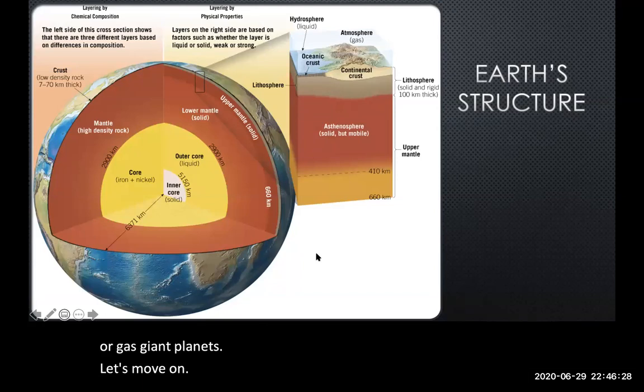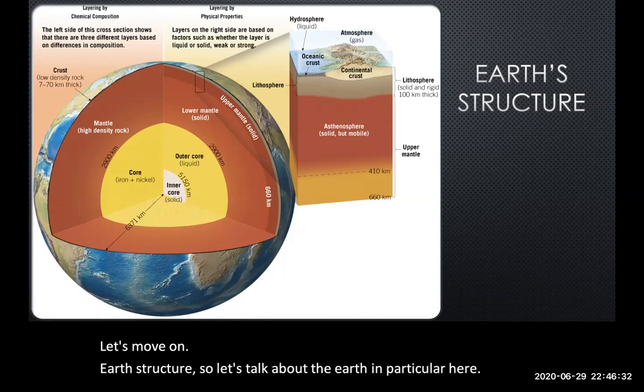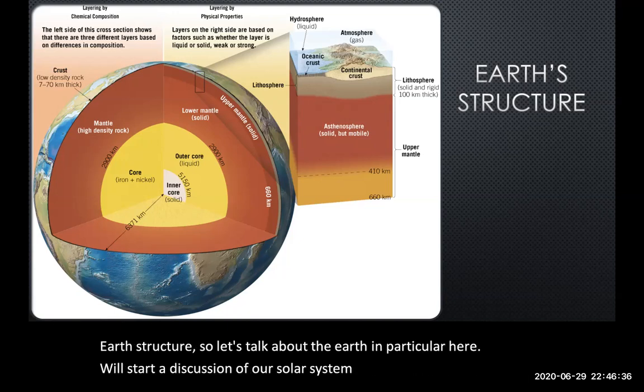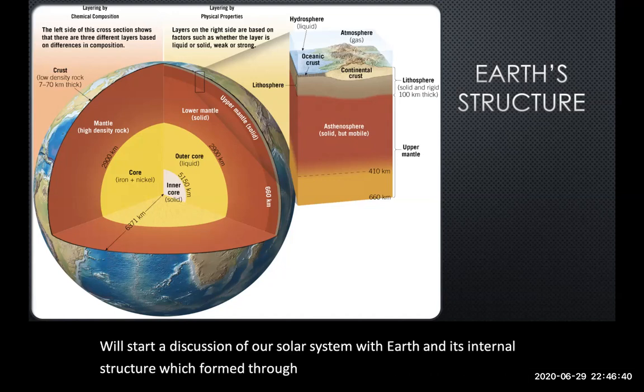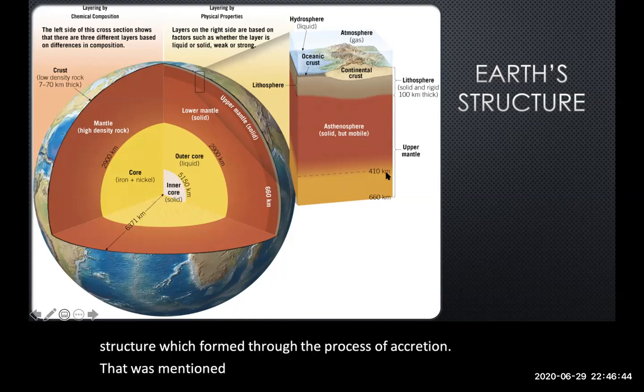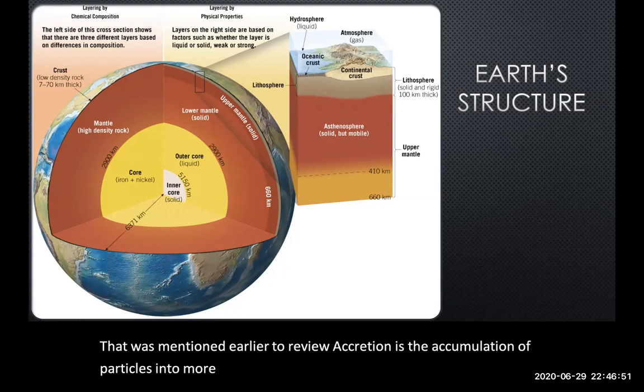Earth's structure. So let's talk about the Earth in particular here. We'll start a discussion of our solar system with Earth and its internal structure, which formed through the process of accretion that was mentioned earlier. To review, accretion is the accumulation of particles into more massive objects by gravitational attraction.